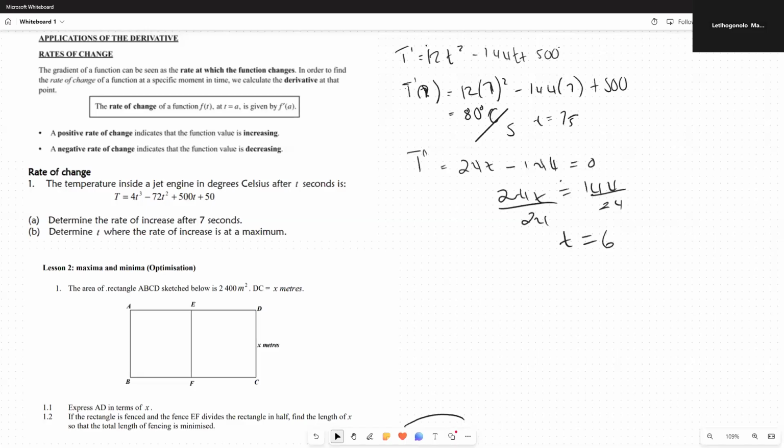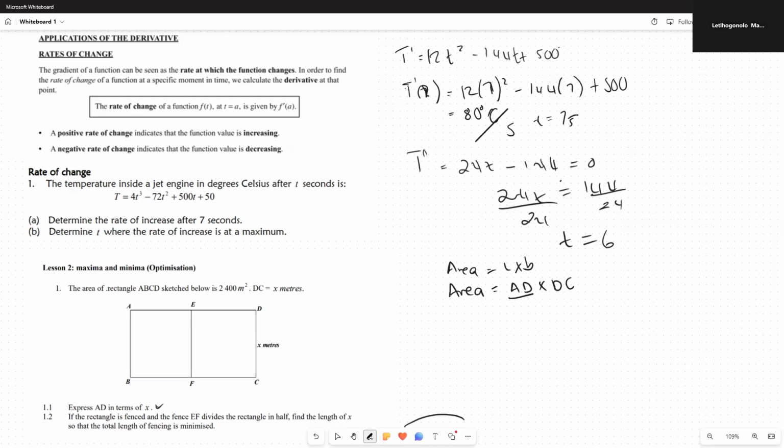What we do know is that the area of the rectangle is given by length times breadth. And here our AD is our length and our breadth is DC.